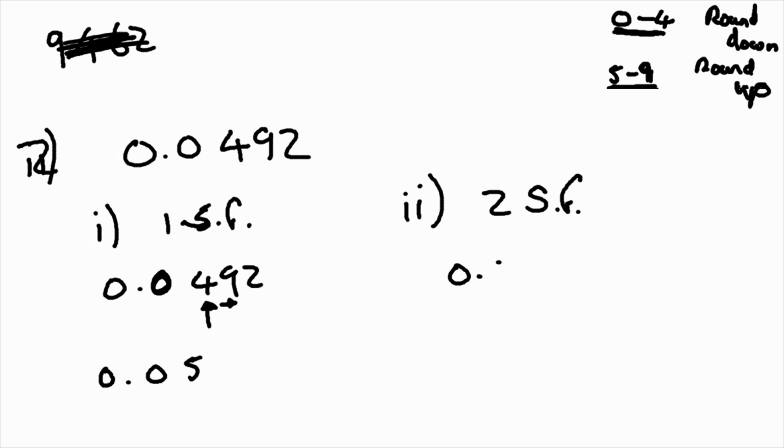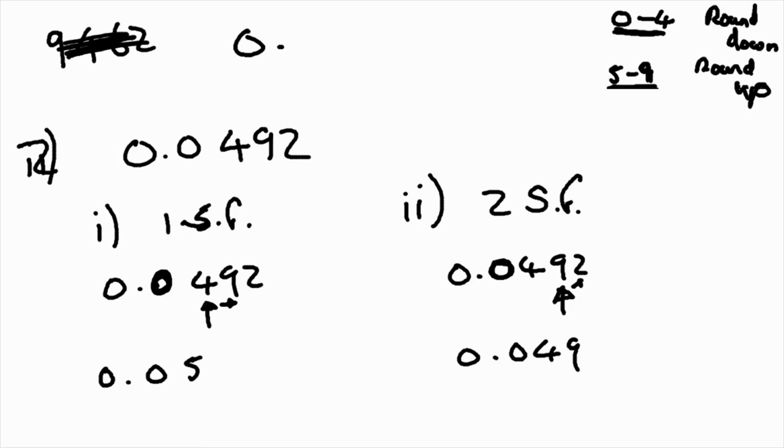2 significant figures. The 4 is the first, the 9 is the second. Does the 2 make the 9 round up or stay the same? It makes it stay the same. We round down. So the difference with this one is this first 0 is not counted as a significant figure.